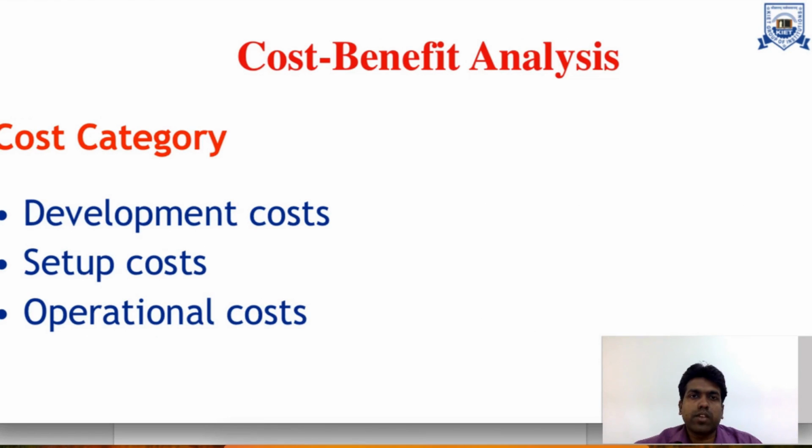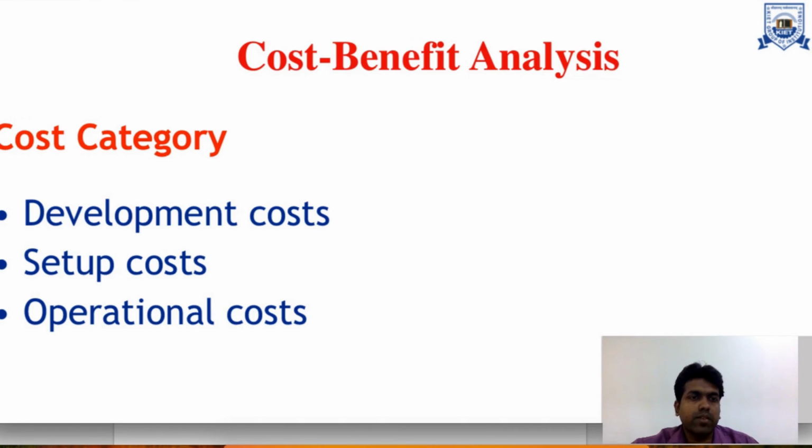So in case of cost and benefit analysis, there will be two parts. First one is cost, and then second one is benefit. So in the cost category, cost will involve development cost to develop a project.